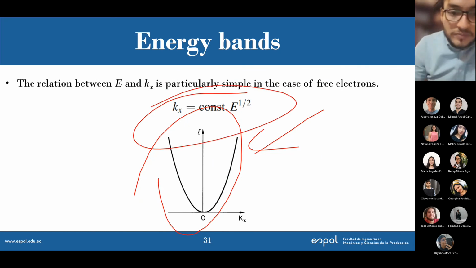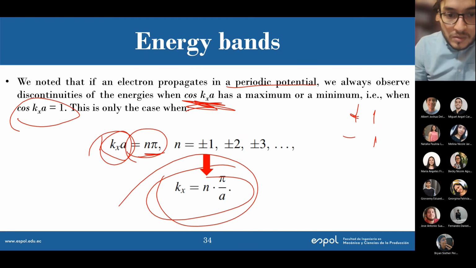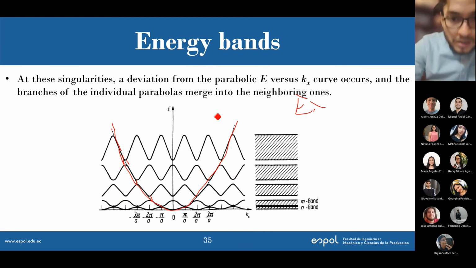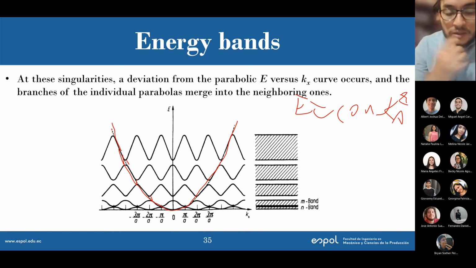It's this. E equals a constant times kx squared.